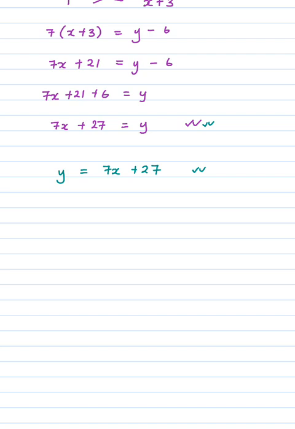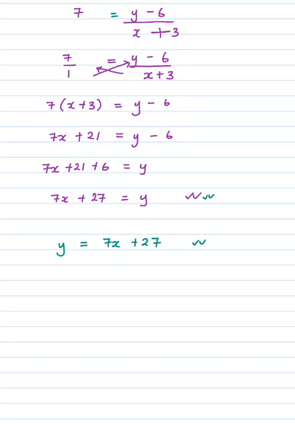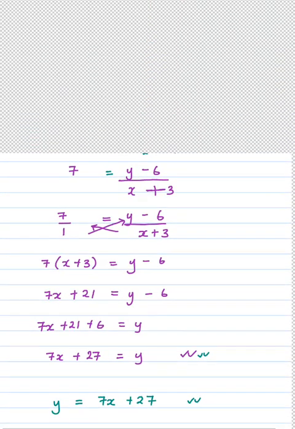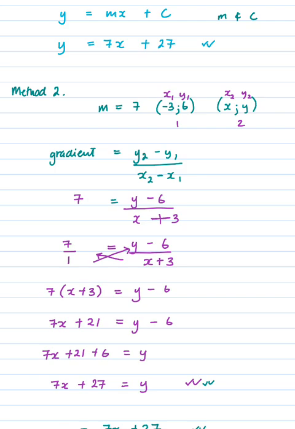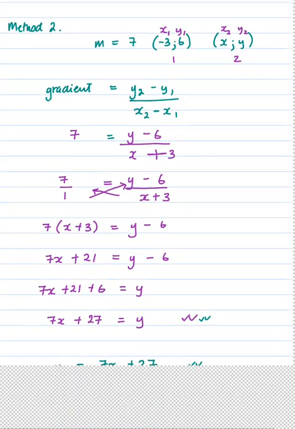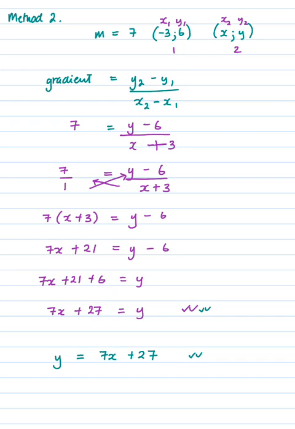So let's confirm. Using the first formula we got y is equal to 7x plus 27. Using the second formula we got y is equal to 7x plus 27 again. Let me repeat the second method. First of all, we introduce a third point, which is an unknown, x, y.